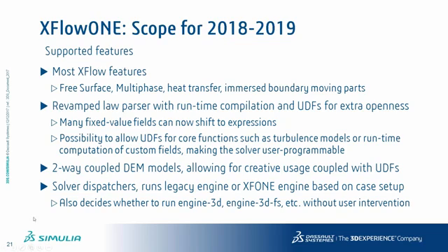And one of my favorites probably is the solver dispatcher. We are still working on a way to ease the life of an XFlow user, so that when it runs XFlow, it automatically identifies which flow solver it needs to use. For example, if it has to choose between the legacy solver and XFlow 1, that can be done automatically by the executable. It doesn't have to be a choice of the user.